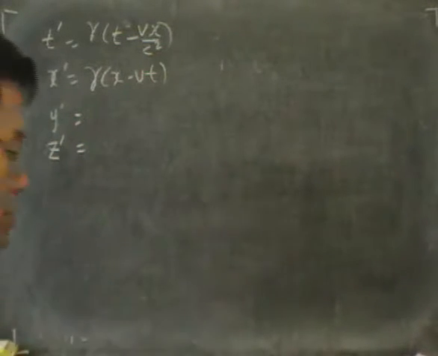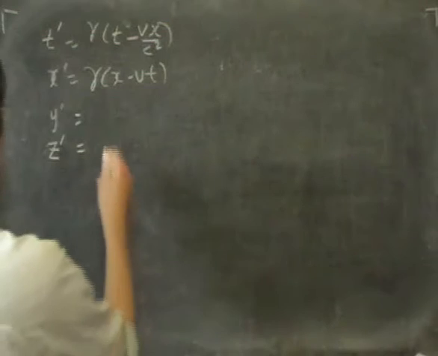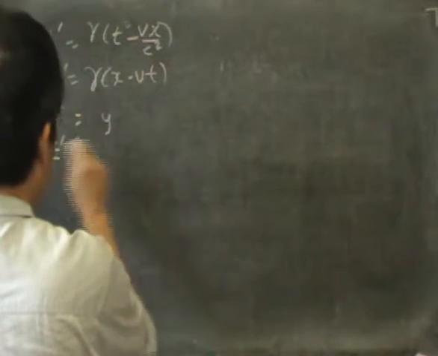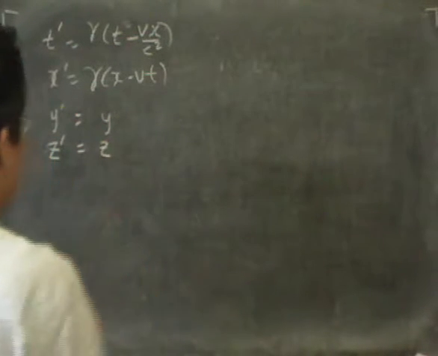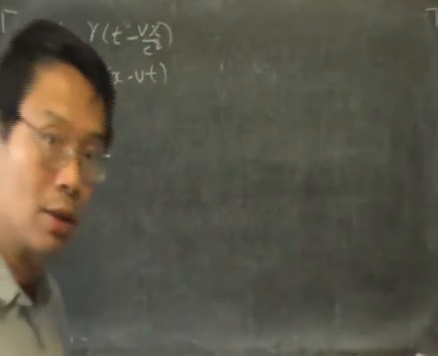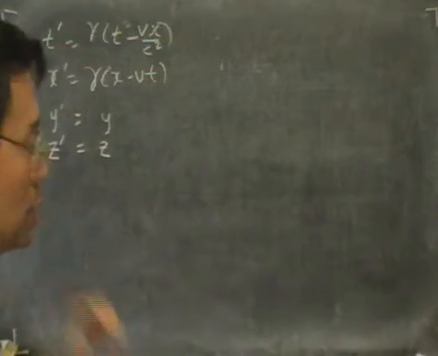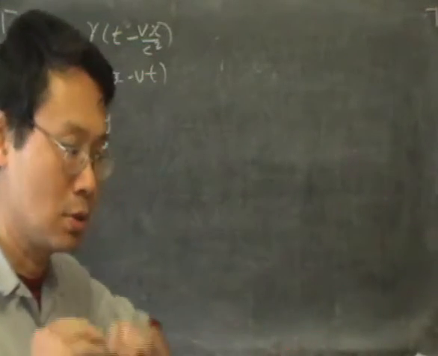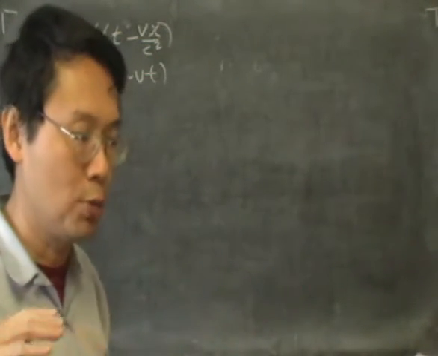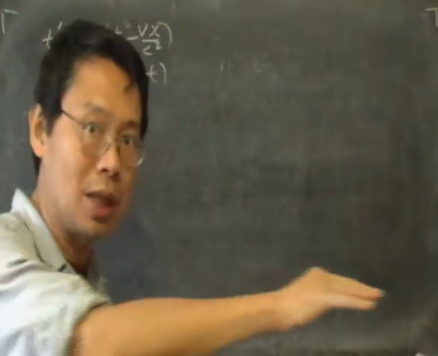We also have two equations for the y and the z coordinates. Now, this we have not looked at just now, but the idea is that since these coordinates are perpendicular to the direction of motion, I assume that if the frame is moving this way, then this is the x-axis.